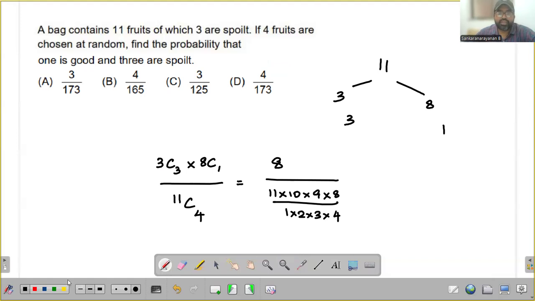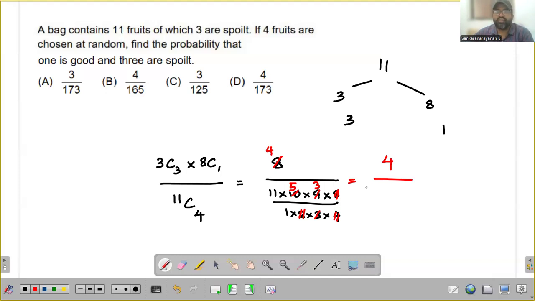Upon further simplification, this 2 and this 4 cancel this 8. 3 will go in this 9 3 times. Here this will go in 2 4 times, and here in 2 this goes 5 times. So my answer will be 4 by 11 into 5 into 3.